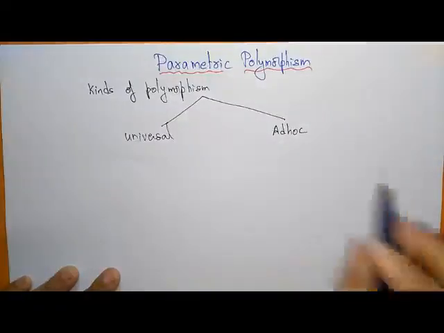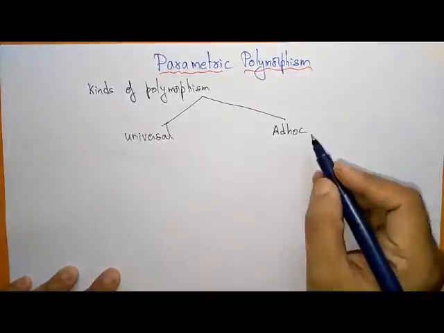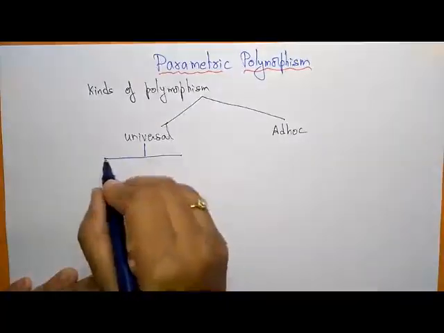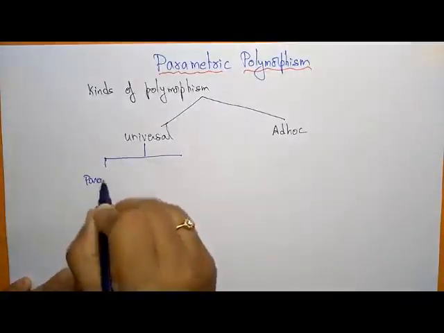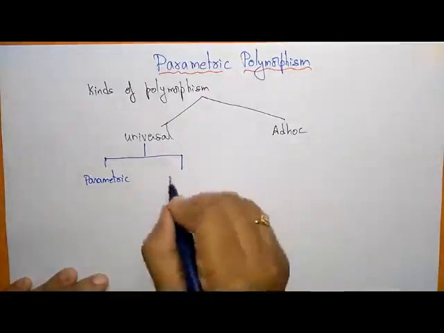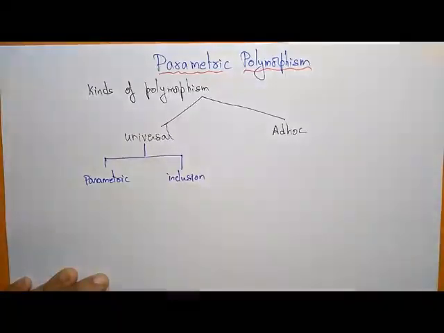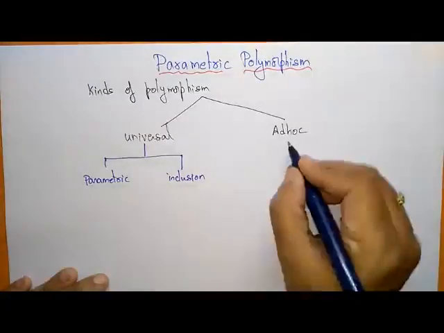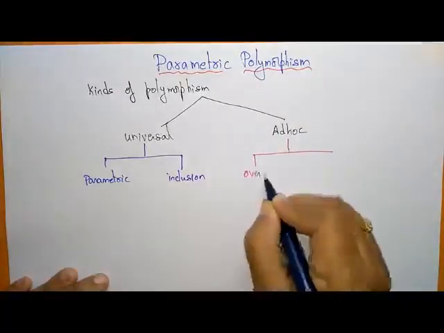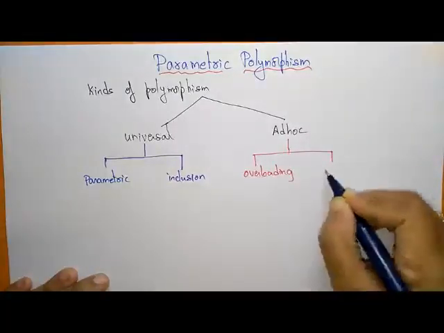The examples for universal polymorphism are parametric polymorphism and inclusion polymorphism. And the examples for ad hoc polymorphism are overloading and coercion.